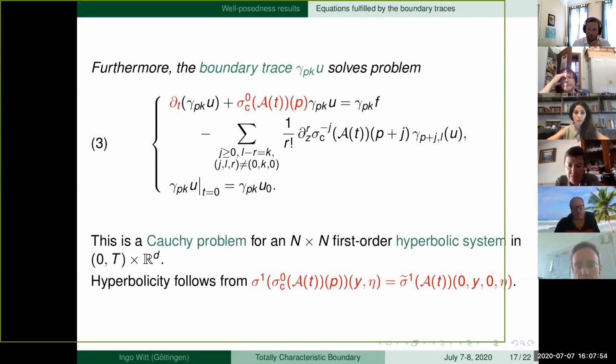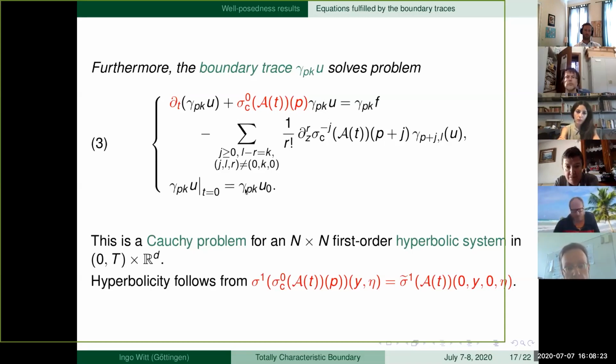They also satisfy systems of hyperbolic equations on 0 cross T cross R^d. These are basically classical pseudo-differential hyperbolic systems. We have the t derivative here, we have the spatial part here, we have the trace coming from the right-hand side, and here we have something which has previously been computed.